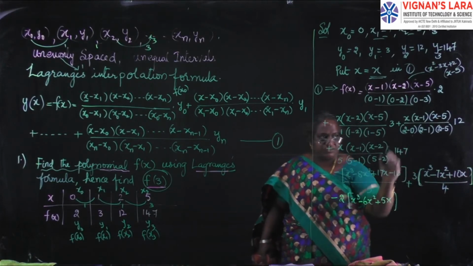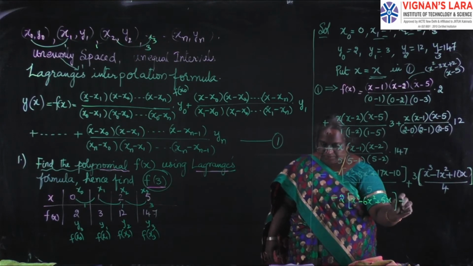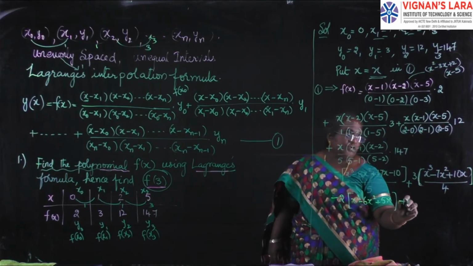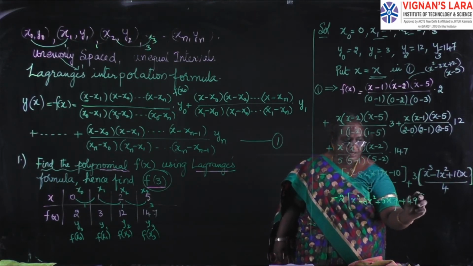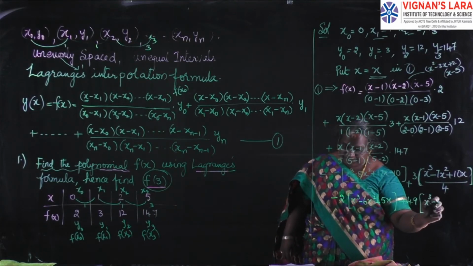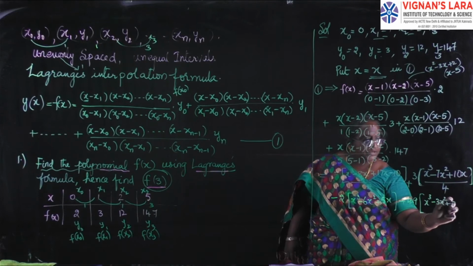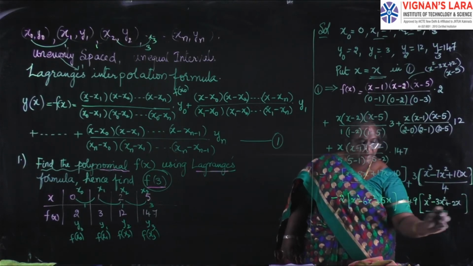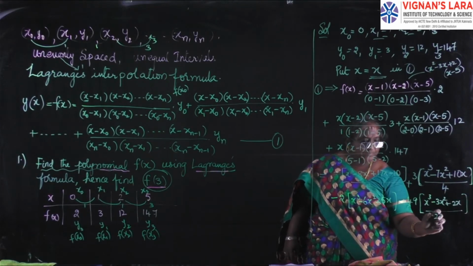Last term, it will be plus 49 into x cube minus 3x square plus 2x by 20.